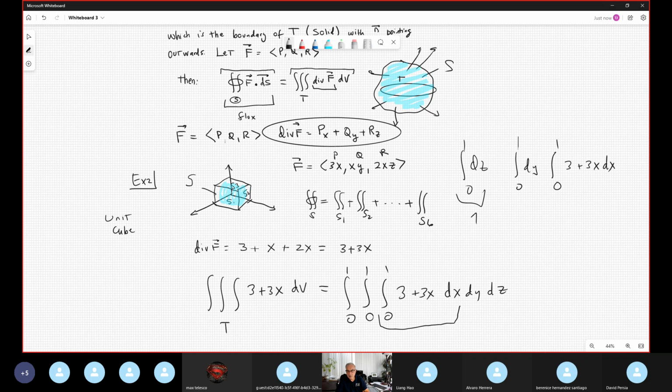It's obvious that this is 1. And this one, I compute that, the answer is 9/2. And this is the flux of this surface crossed by this vector field.